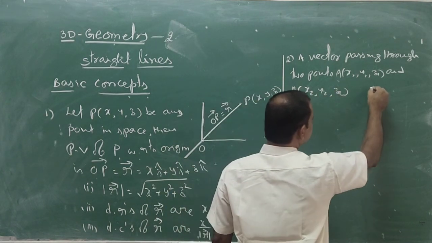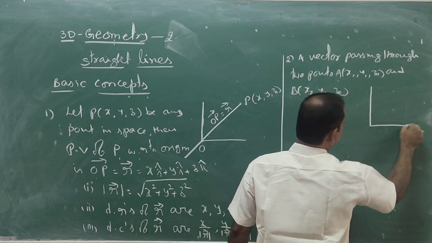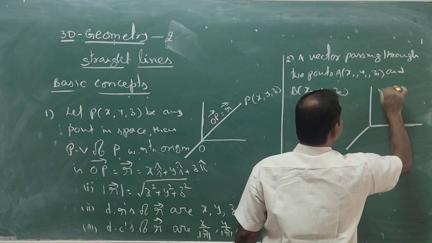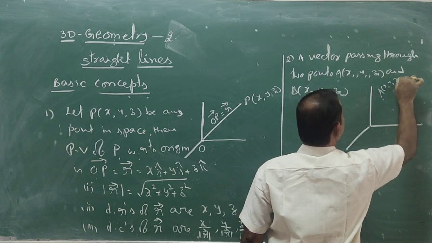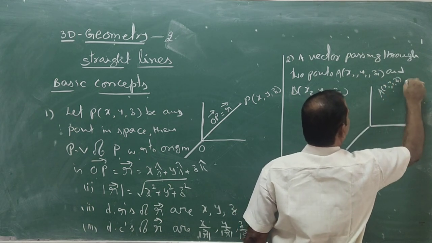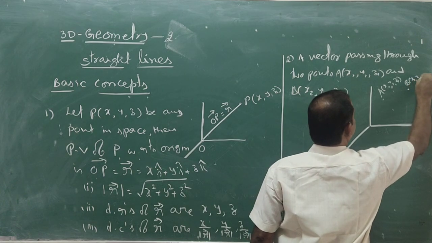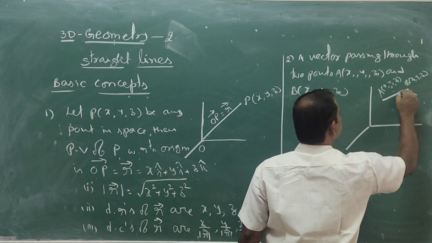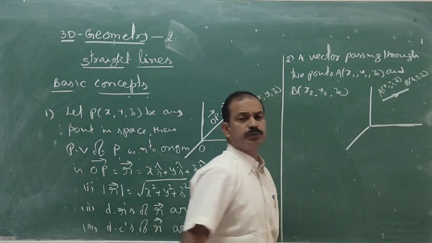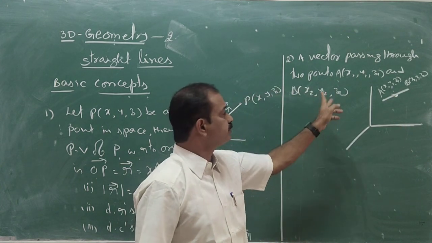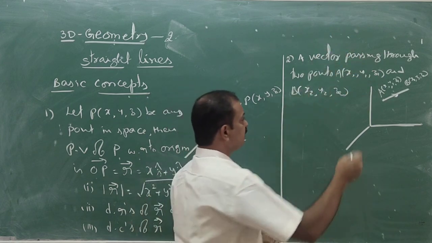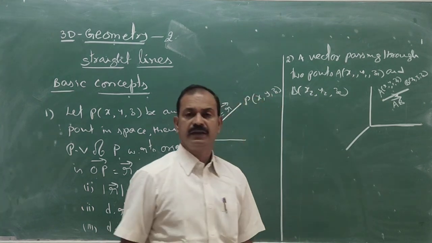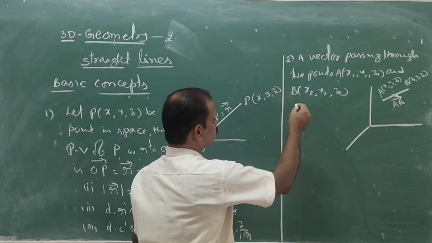Suppose you draw it in three dimensions: there is a point A of x1, y1, z1 and another point B of x2, y2, z2. Then the vector passing through the points A and B is denoted by AB with an arrow mark on top.